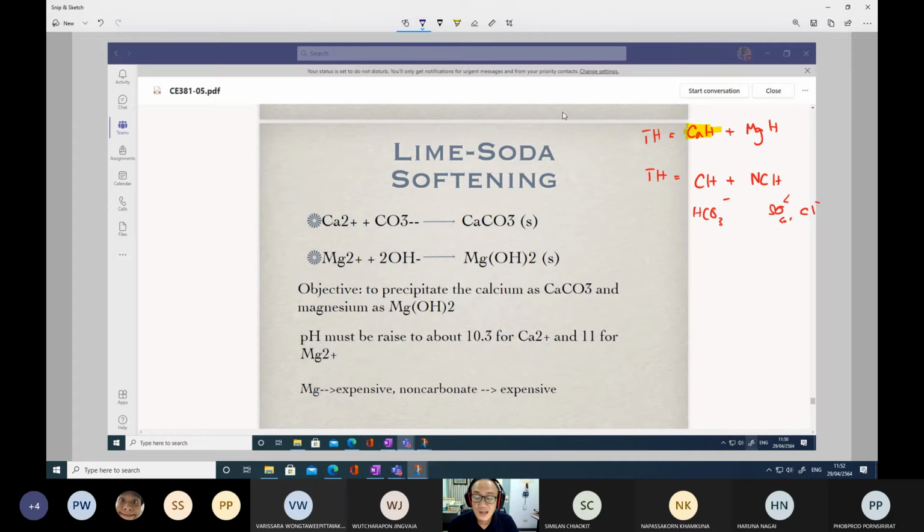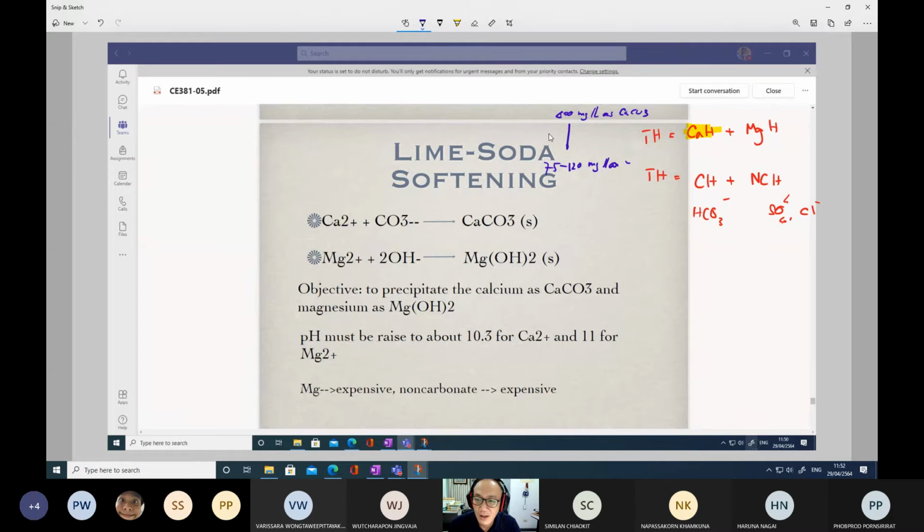So if the groundwater, for example, contains hardness of 400 milligrams per liter as calcium carbonate, we will reduce the hardness to be in the range of 75 to 120 milligrams per liter as calcium carbonate only.